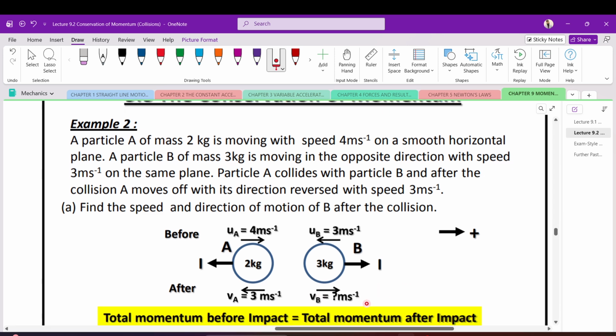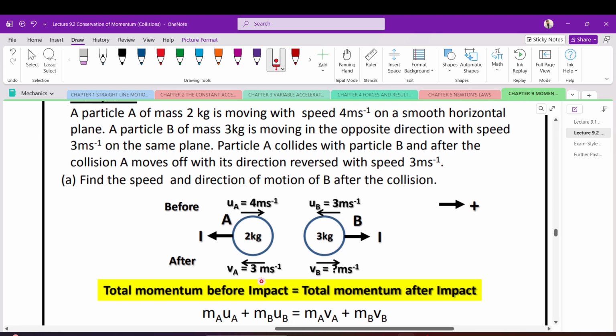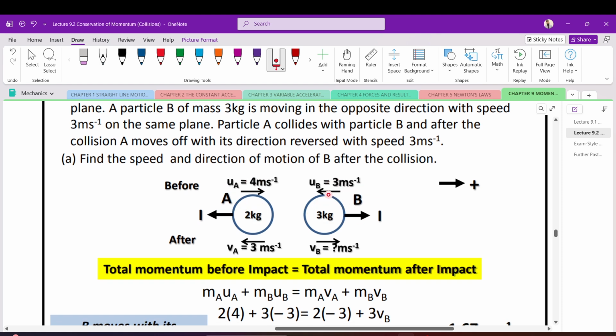Again, we have total momentum before impact equals total momentum after impact. So we have the initial momentum of A plus the initial momentum of B. That will be 2 times 4 plus 3 times minus 3, because the direction is negative.